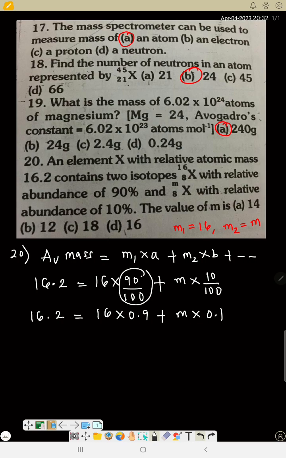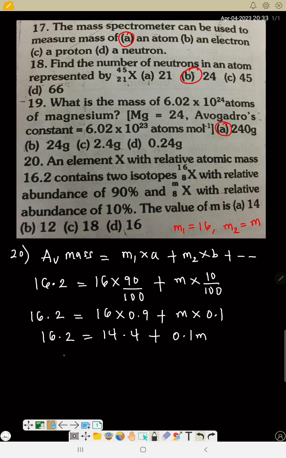So 90 over 100 is 0.9, 10 over 100 is 0.1. So 16.2 is equals to 16 times 0.9, that is 14.4, plus 0.1 M.